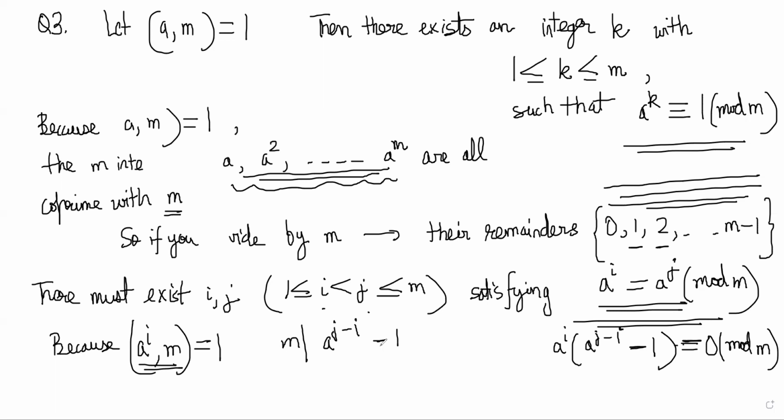So this tells us that if you take j minus i as k, there must be a case such that a power k is congruent to 1 mod m.